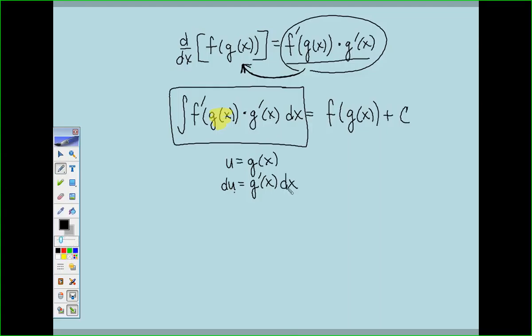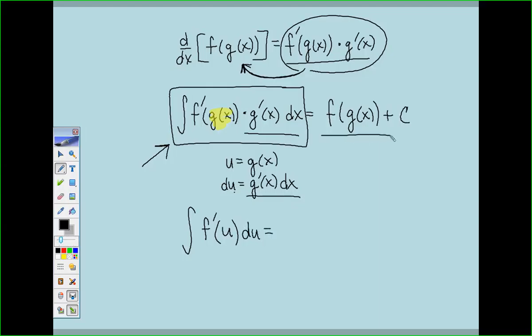So now we're going to replace everything in this integral in terms of u. So we would have f prime of, now we're replacing g of x with u, and then g prime of x dx is replaced with du.